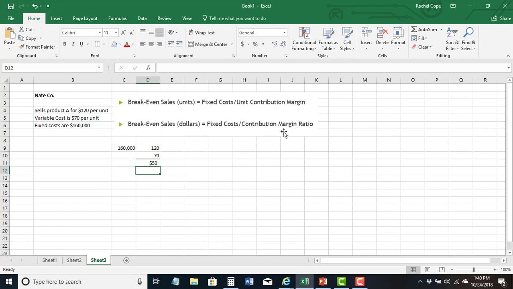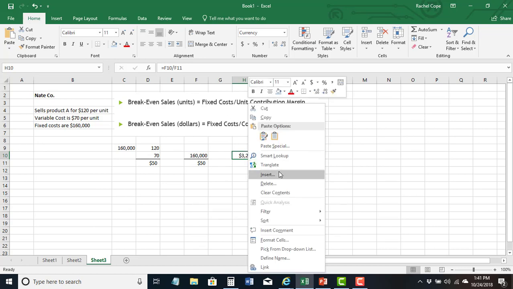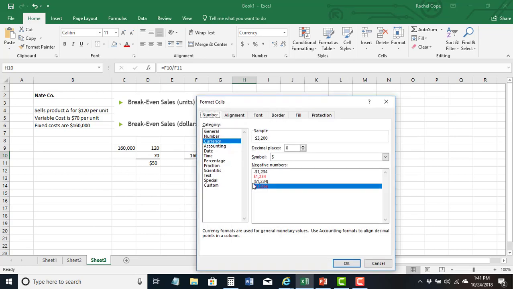Now we can plug in both pieces. The fixed costs are 160,000, and we're going to divide it by our contribution margin, which was this $50. So we take 160,000, divide it by 50, and that should be a number, not a dollar amount.